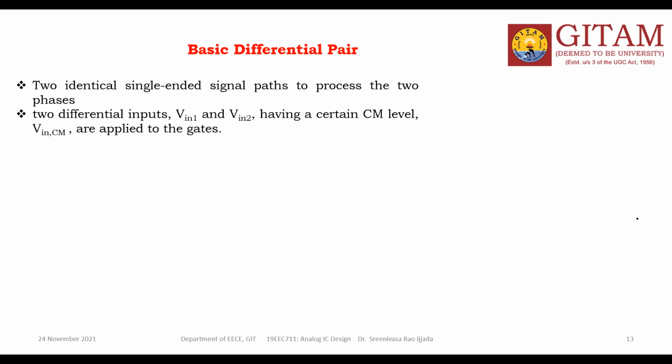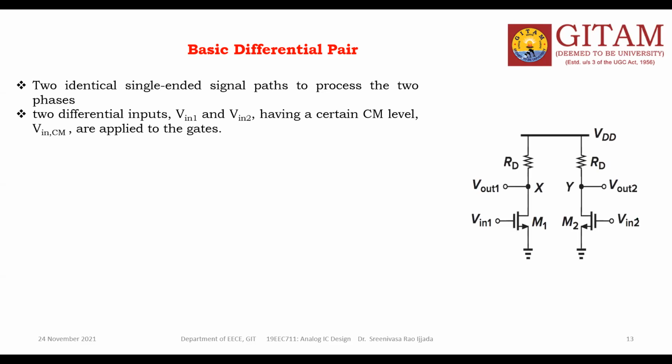There are two different inputs, Vin1 and Vin2, having some common mode value. That is why I'm talking about Vin,CM. Similarly, you can talk about Vout,CM also. What is Vin,CM? The input signal common mode value. What is Vout,CM? The common mode value of the output signal you got.